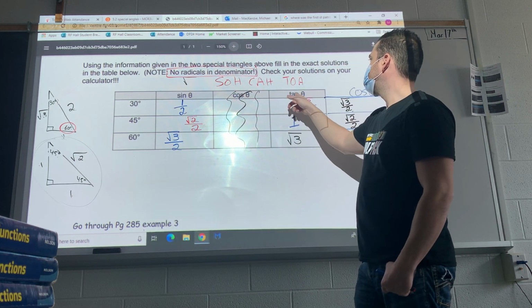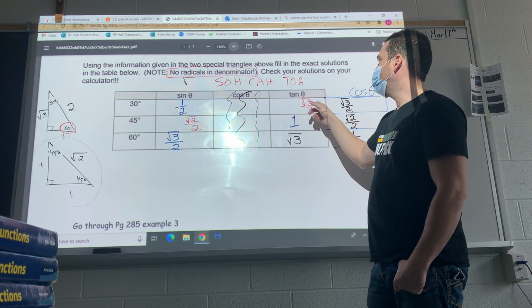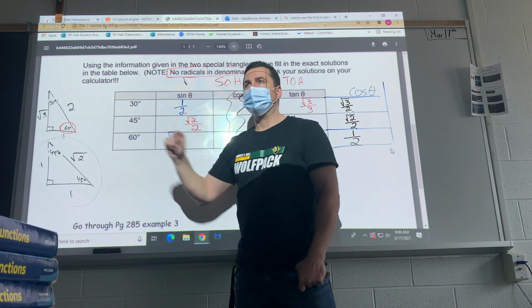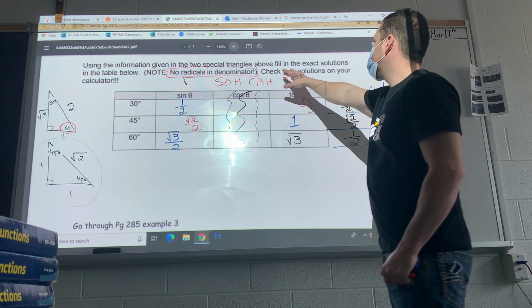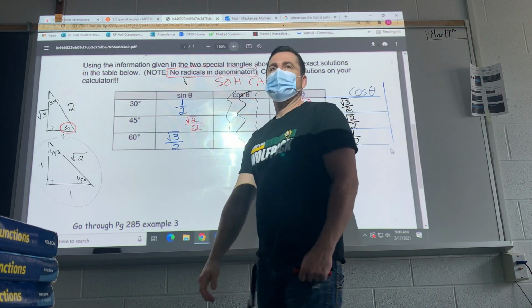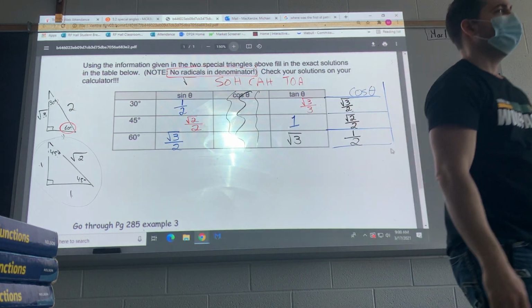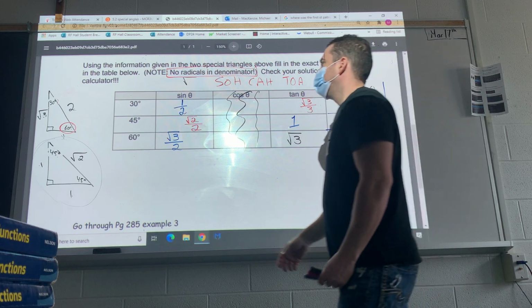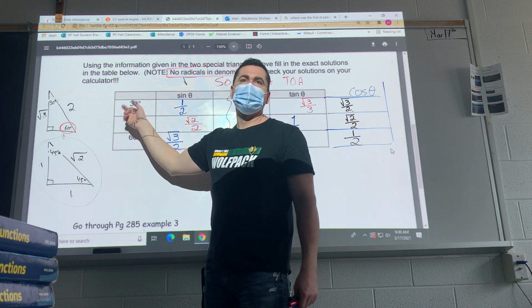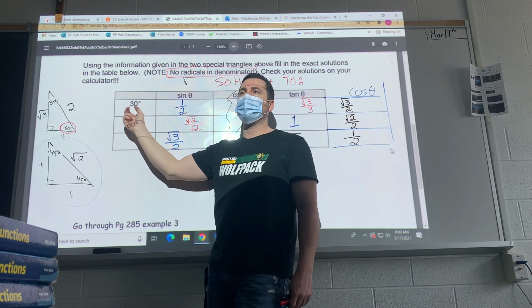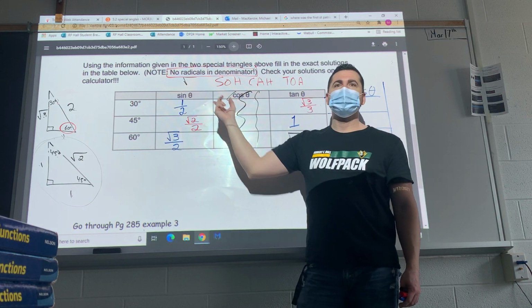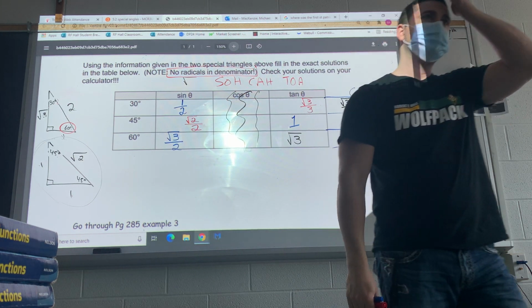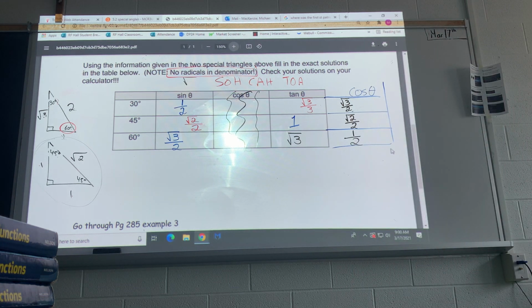If you did tan inverse root 3 over 3, you'll get 30. So you can always check your answers to see if they match. Or, if you press sine of 30 in your calculator, you'll get 0.5, which is a half. So you can always check your answers.